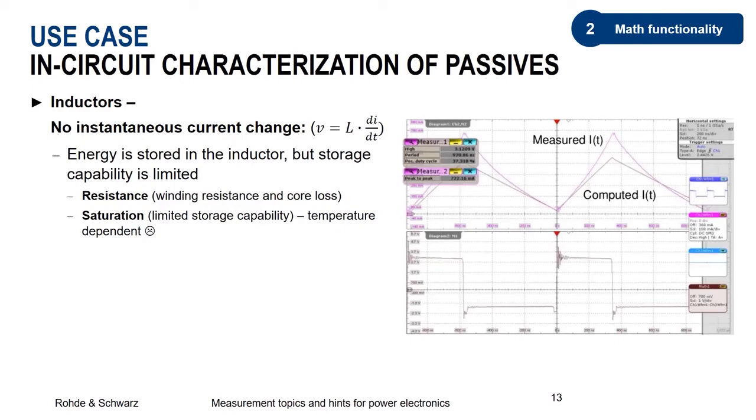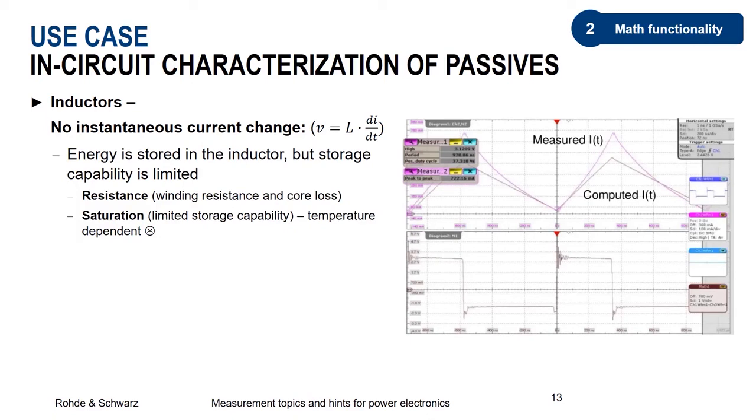Now on the right side you can see a simple example where we used math functions in order to make some kind of comparison. We looked at the measured current through an inductor, and we created a computed current, what we would expect, and compared that one. So that is one thing, but you can go further.